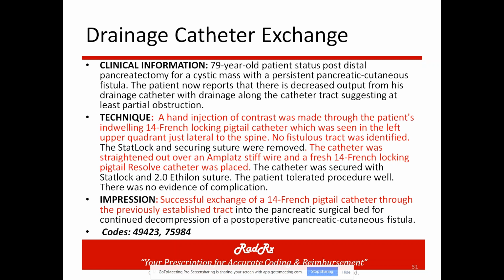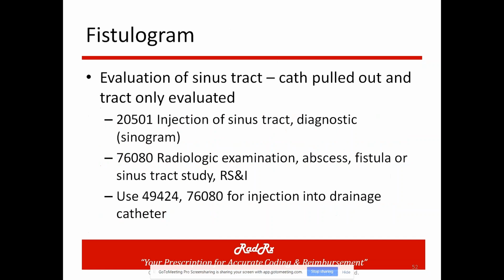Then it says that the catheter was exchanged. So we see that contrast injection, that catheter check, first. However, because the physician went further and did the exchange, we're not going to code for the catheter check, we're going to code for the exchange. So you wouldn't assign those 2 code pairs together when you see them done.